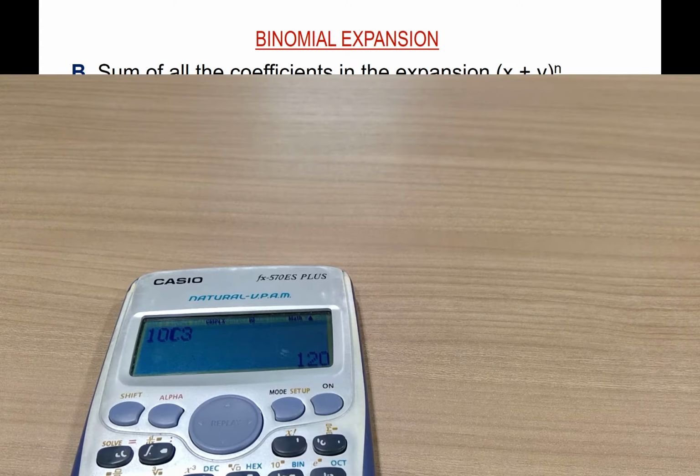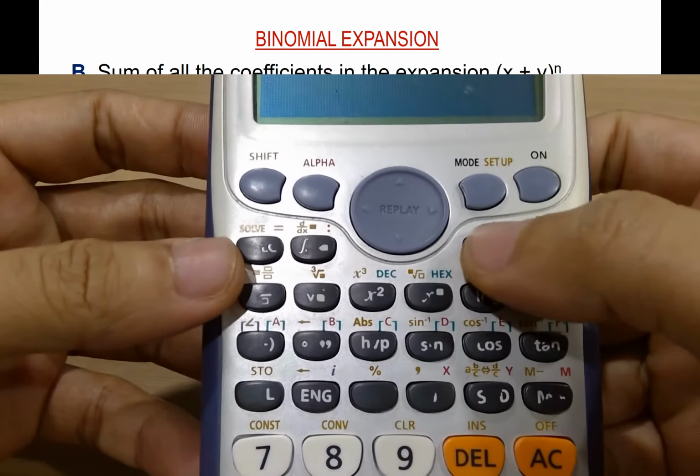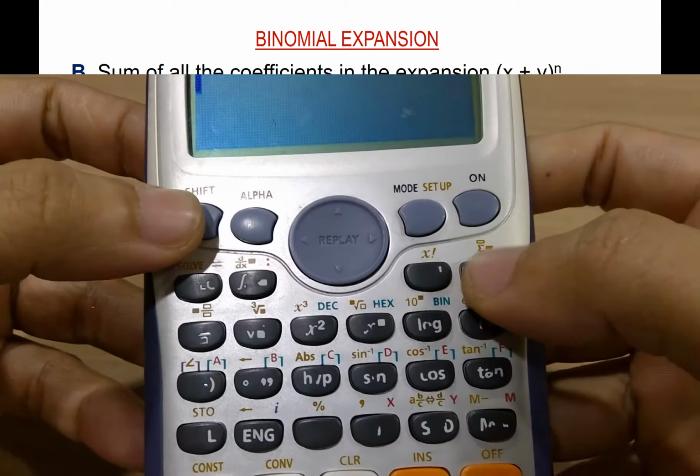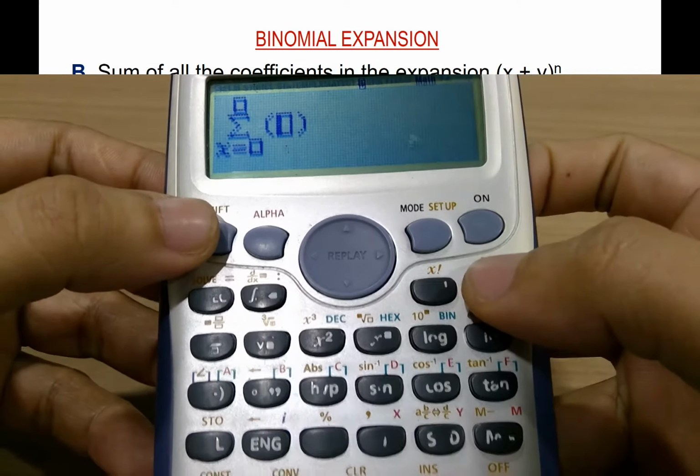We use the summation, shift, and this is in complex mode, so this is the summation.